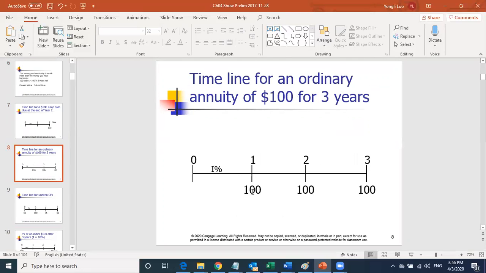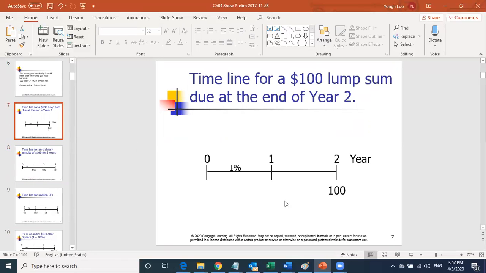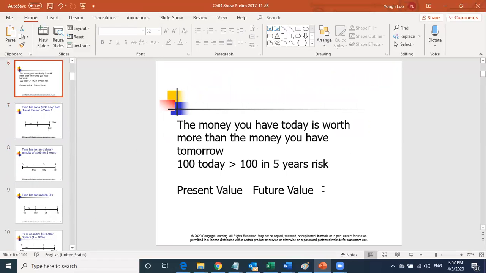Okay, the timeline is you put $100 at the end of the year for 3 years. You save that money for your kids' college education. Or sometimes you have to do this payment frequently. Or you just do one time 100. So that's two different types of present value and future value questions.